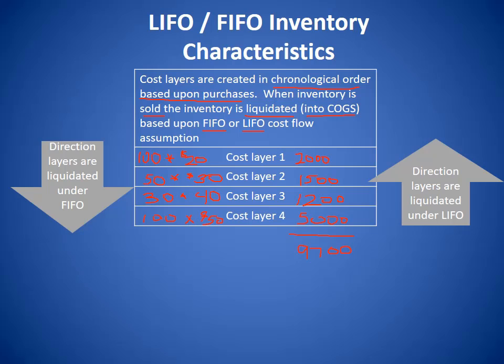Now, whether it's FIFO or LIFO, it's exactly the same way we lay down cost layers. What FIFO or LIFO really means is the direction in which layers are liquidated. So let's do an example for FIFO.